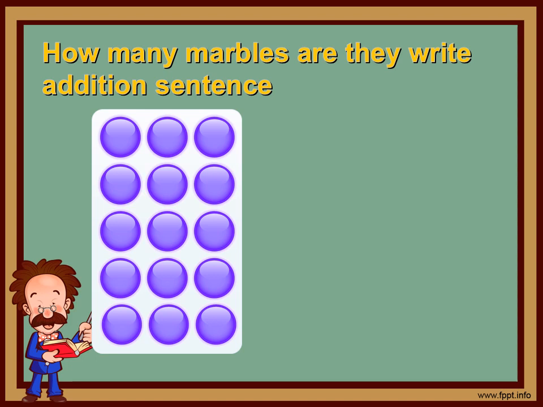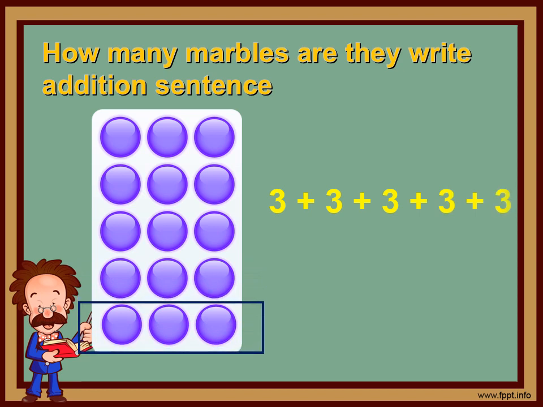Now, can you write an addition sentence for this one? Like we agreed, we're going to write it either by rows or by columns. So I'm going to start by rows. How many marbles in each row? 3. So it's 3 plus 3 plus 3 plus 3 plus 3.